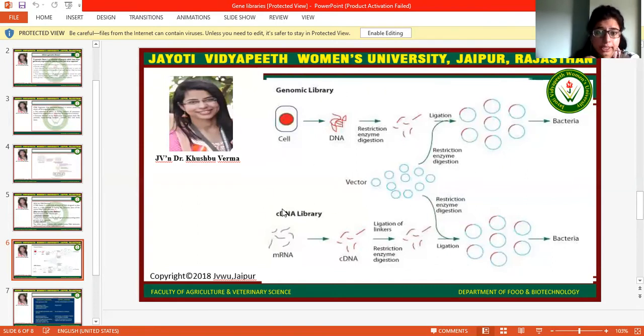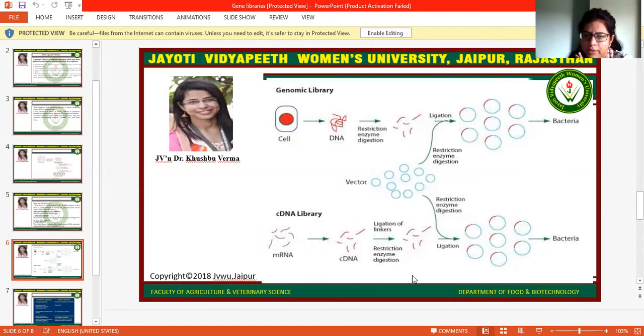On the other hand, in the cDNA library, first of all we isolate the RNA from the cell, then we do the reverse transcription process and synthesize the cDNA molecule. Then we ligate the linker molecule at the cDNA ends, and go for restriction enzyme digestion to create the sticky ends.